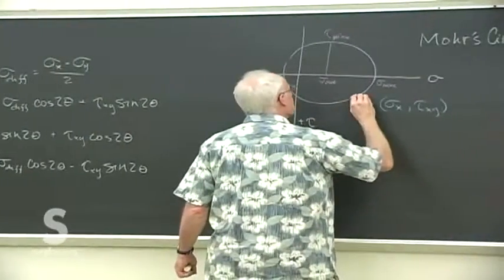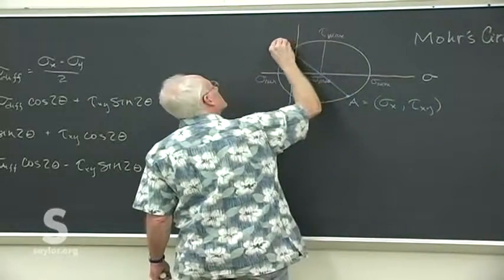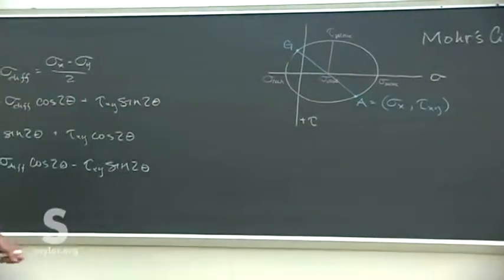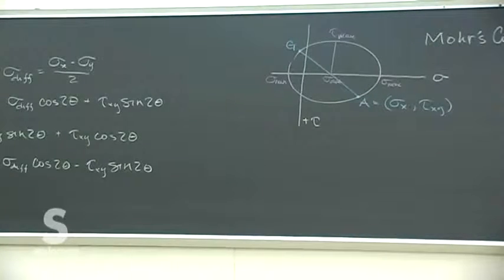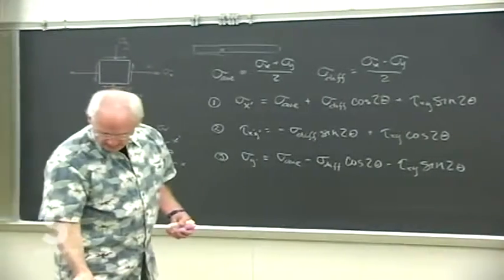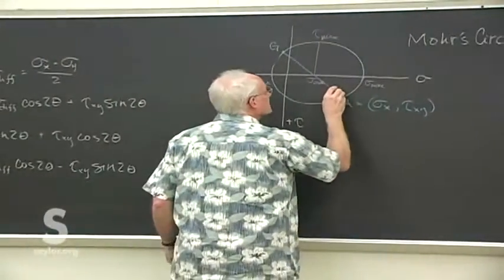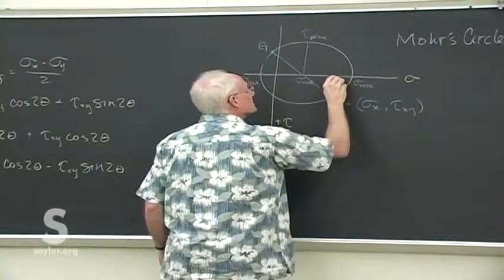And once we do that, that defines a diameter. I think the book lists those points as A and G. And when we've done that, then we have this idea of these particular angles.